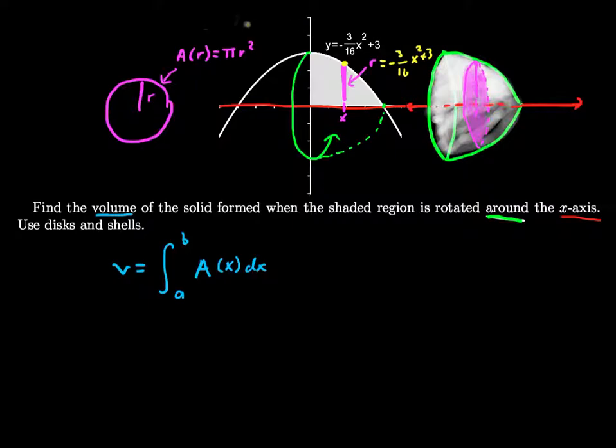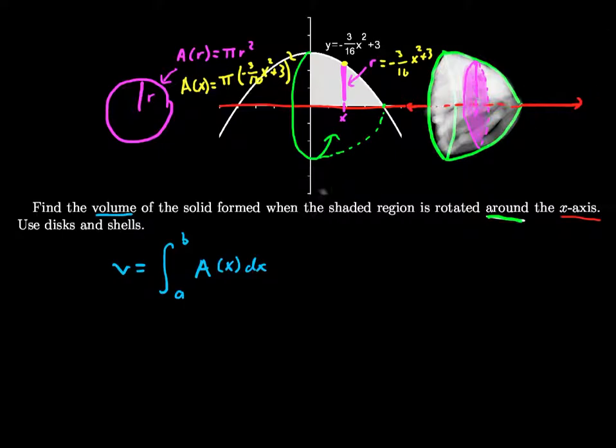Okay, so my area in terms of x will equal pi times my function, negative 3/16 x squared plus 3, squared. And I'm going to use this in my function.